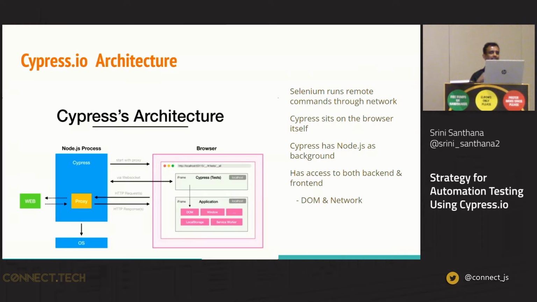So the maintenance, downloading that, and all those things were too much headache. But now Cypress is sitting inside the browser itself. It's part of the browser, and Cypress has Node.js as the background. It has access to both backend and frontend. What we mean by that is, because it is in the browser itself, it knows the DOM structure of all the web pages, the page that you're looking at.